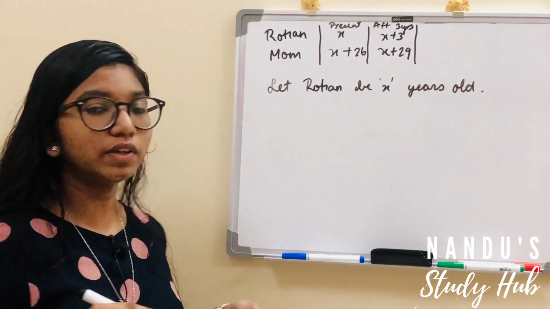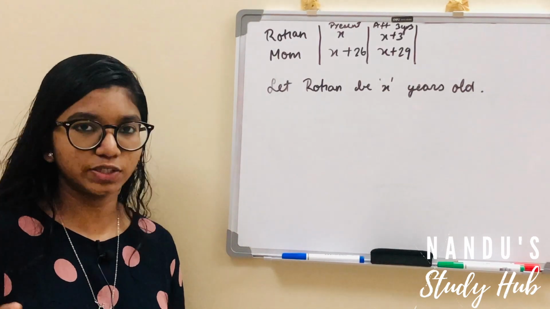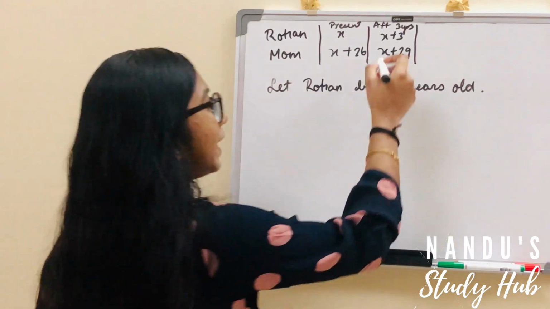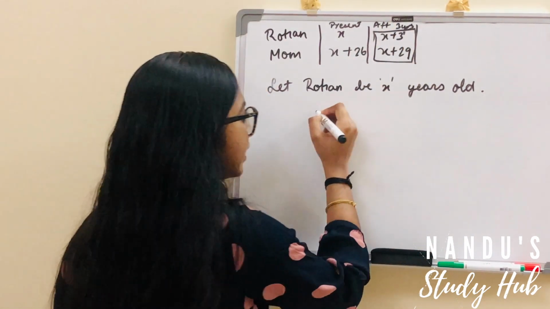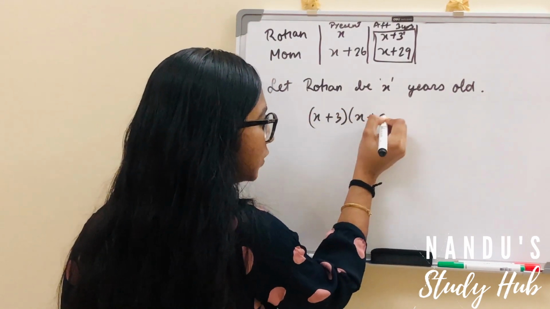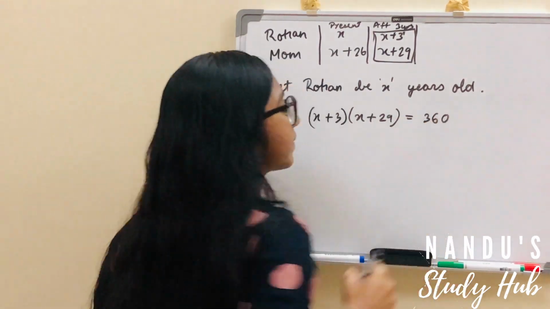Now the other information given to us is that the product of their ages 3 years from now will be 360. So we have to look at this part of our table. You can write x plus 3 into x plus 29 because its product equals 360.